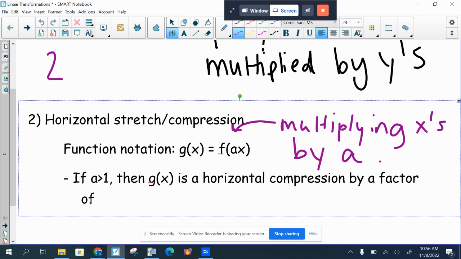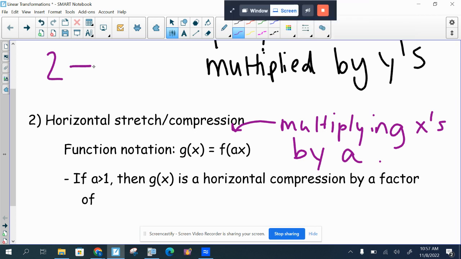So anyways, remember what I said about if a is in the parentheses, then it works the opposite way. So actually, the factor is also the opposite. If a was 2, what's the opposite of 2? By opposite, I actually mean the reciprocal. You know what the reciprocal of 2 is, Fisher? 1/2. So the reciprocal of 2 is 1/2.